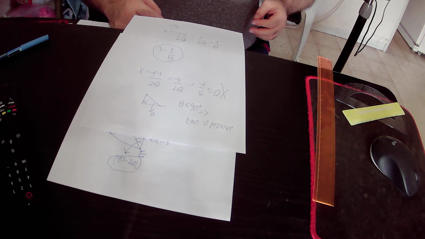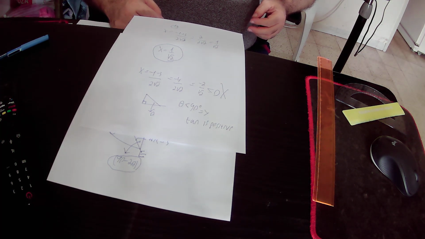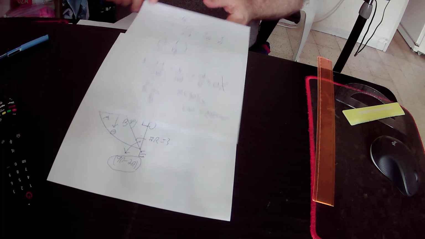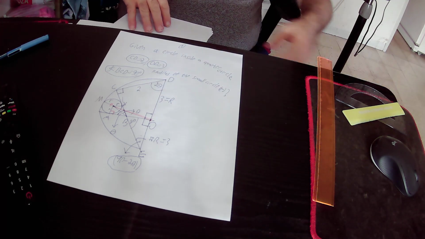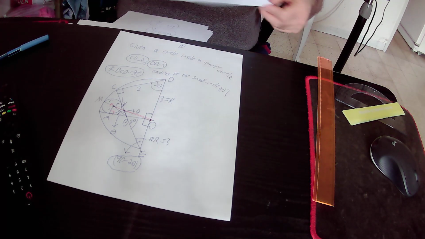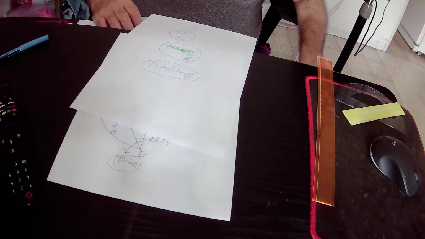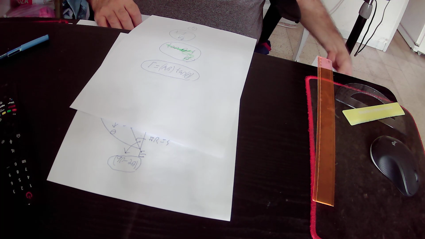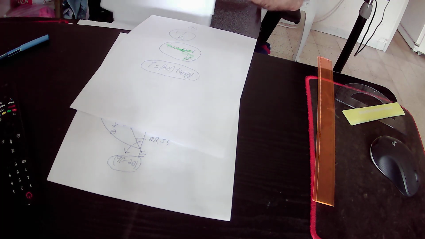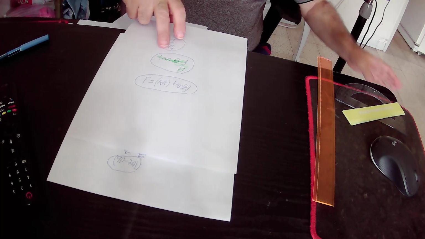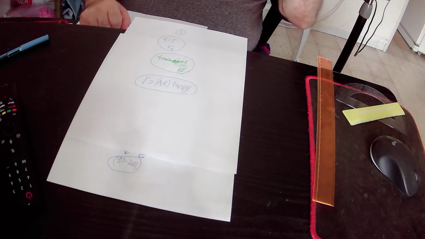We found out that tangent theta equals 1 over root 2, and we have the equality that R equals AB times tangent theta. So after we found out the value of tangent theta, the only thing that is missing is the value of AB.